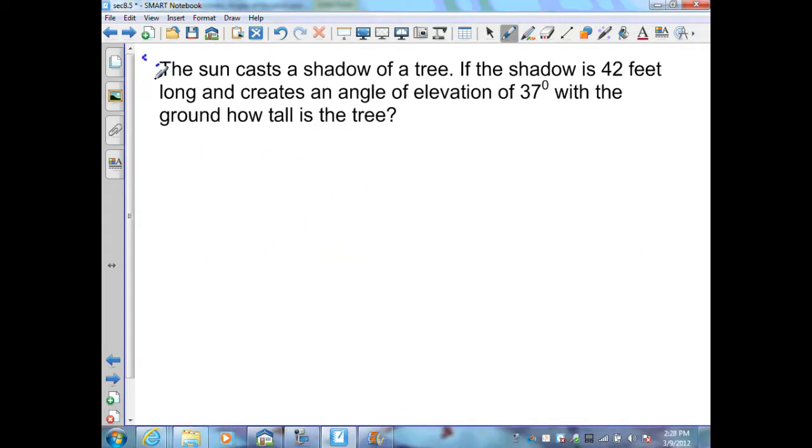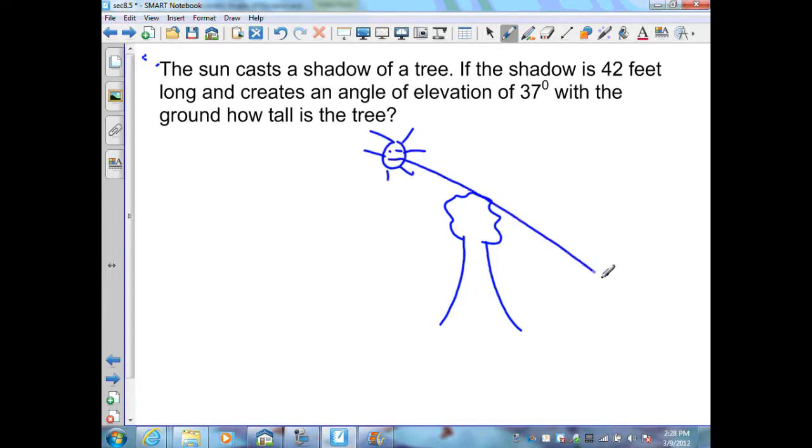On this example, the sun casts a shadow of a tree. If the shadow is 42 feet long and creates an angle of elevation of 37 degrees with the ground, how tall is the tree? We're given a tree, and a sun will generate a shadow of the tree, and we know from the diagram that the shadow is 42 feet long.